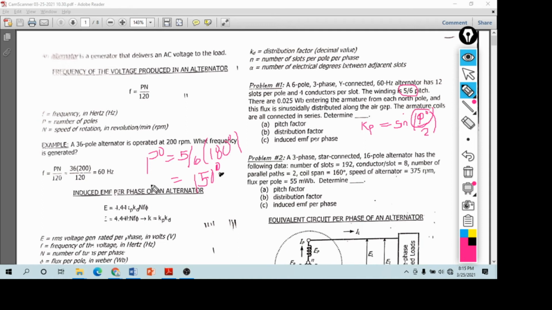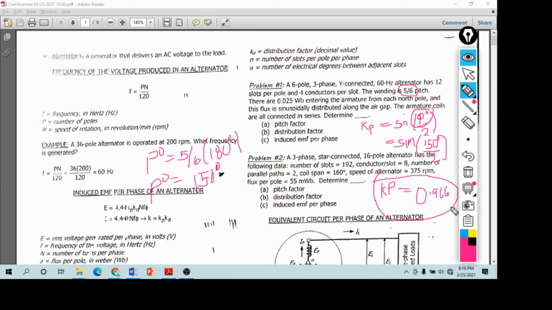Substituting, we have Kp equal to sine of 150 divided by 2, which is the sine of 75 degrees, and that is 0.966. So Kp is unitless.